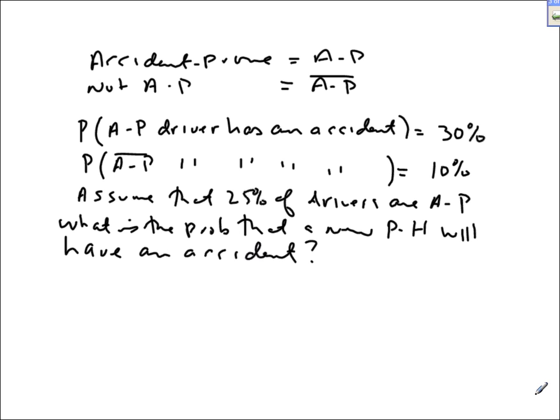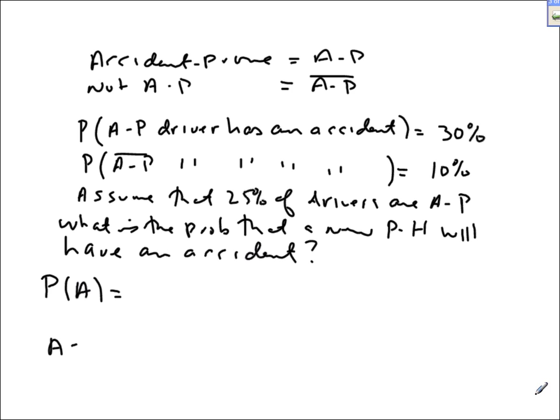So what we're asking is, what is the probability that you have an accident? What is P of A equal to? Sometimes you don't actually use Bayes' formula, but it's still a problem in the section of Bayes' formula.